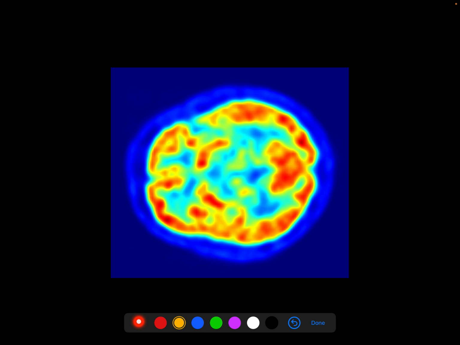The glucose, the active molecule is 18 fluoride FDG, which also is called fluorodeoxyglucose. So FDG. Again, what does it measure? It measures regional glucose metabolism, because glucose is the active molecule.